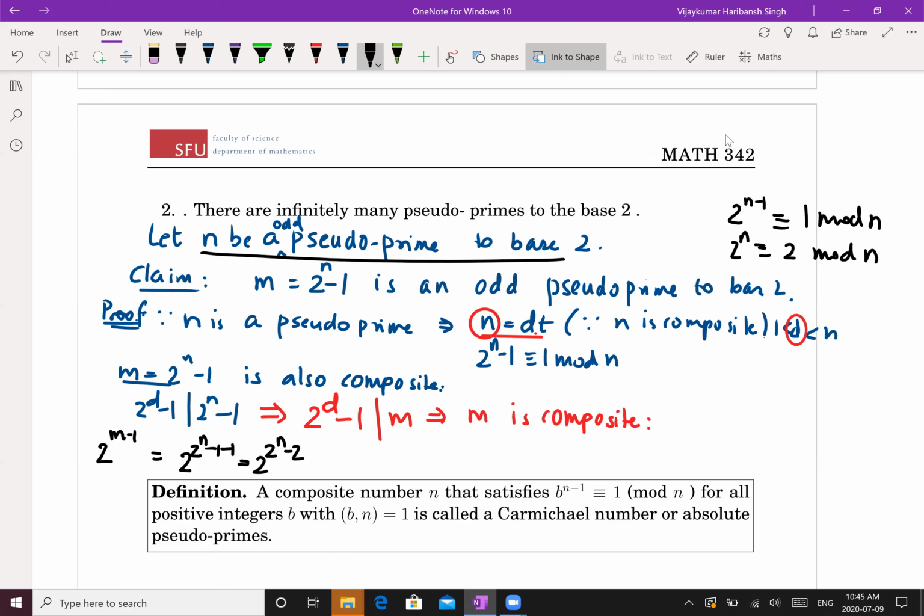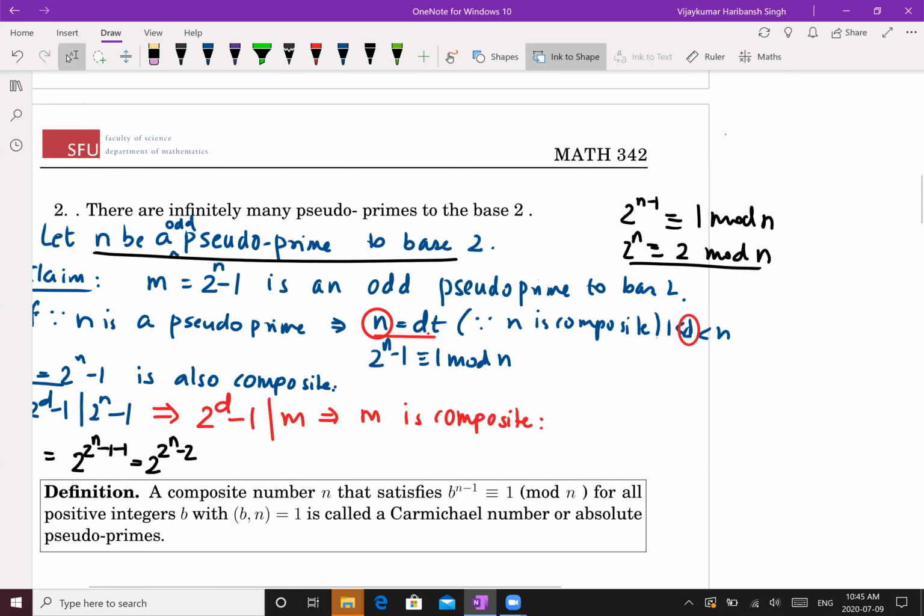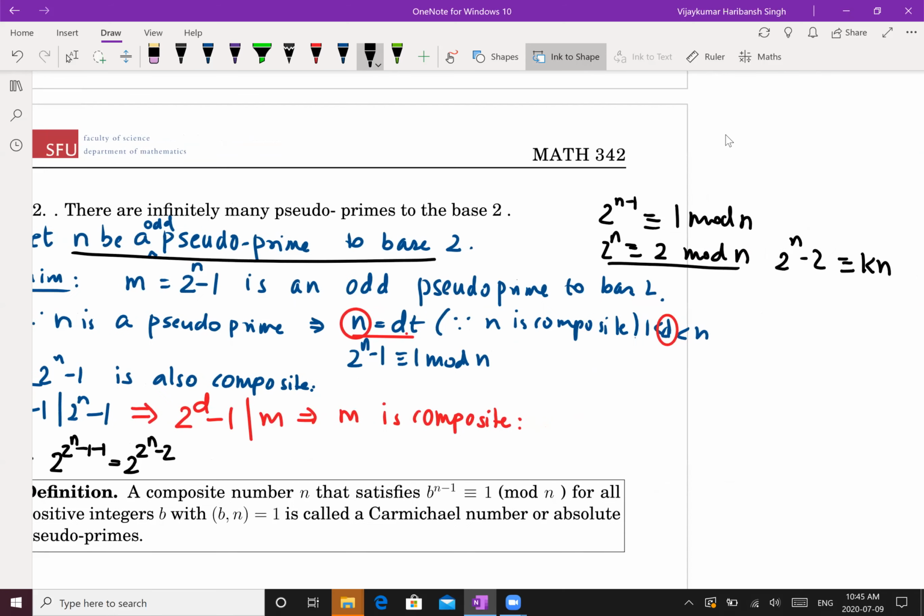So from here we can get that 2 to the power n minus 2 is equal to 0 mod n, or it's some k times n, where k is some positive integer. So this will become 2 to the power kn.